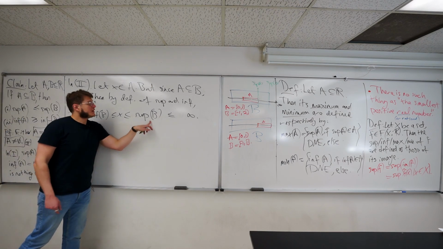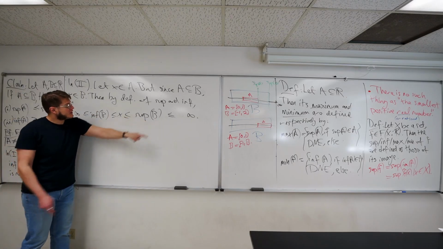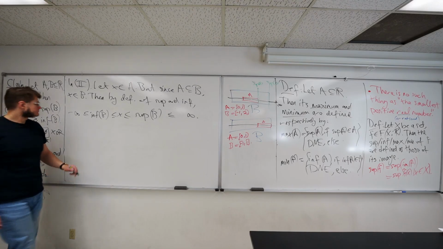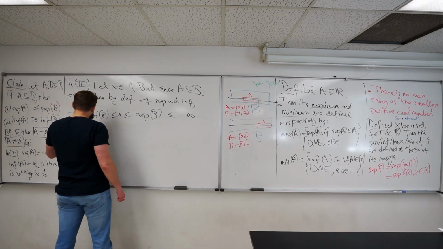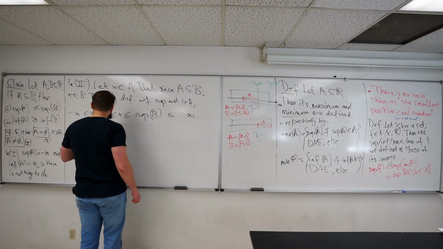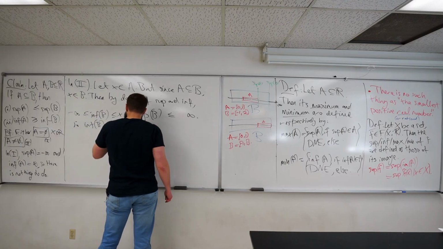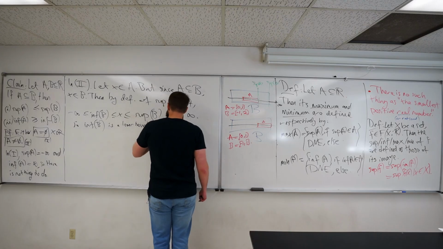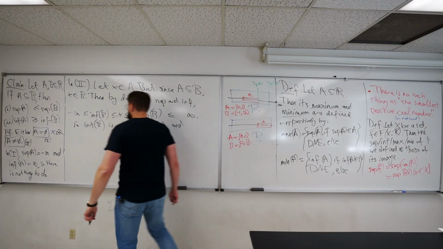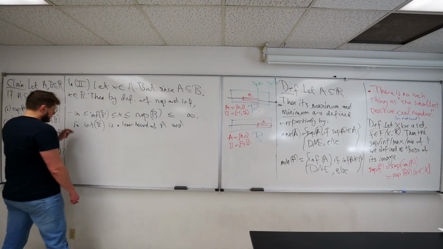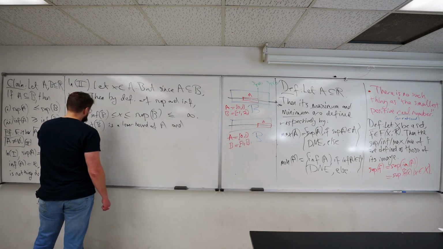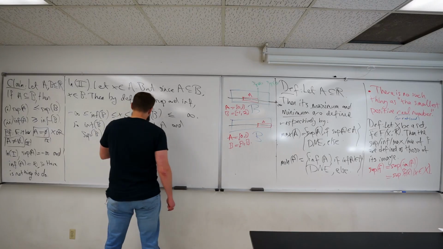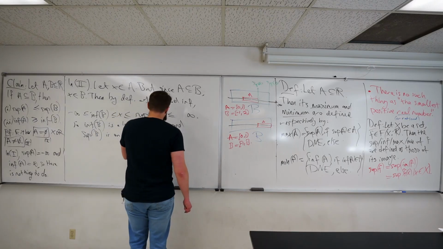Or it is a finite number, in which case sup of B is an upper bound for each x in A. So inf of B is a lower bound of A, and sup of B is an upper bound of A.